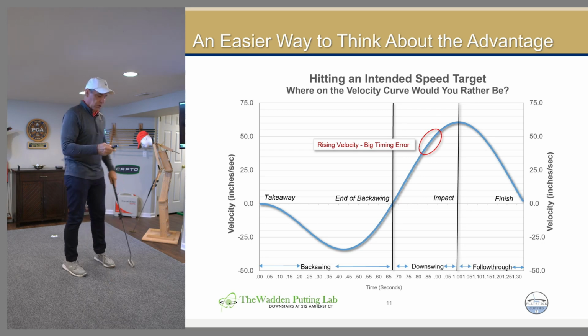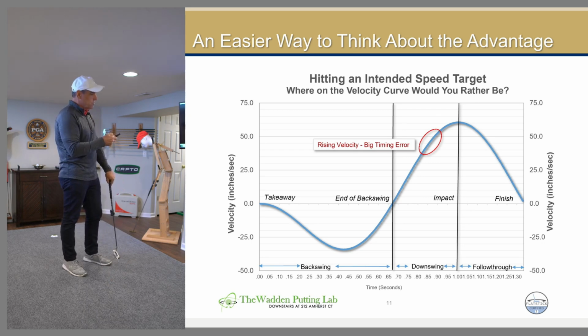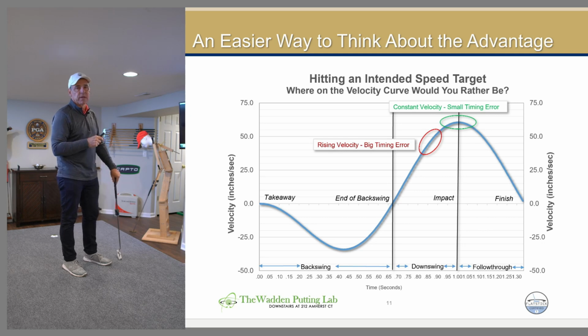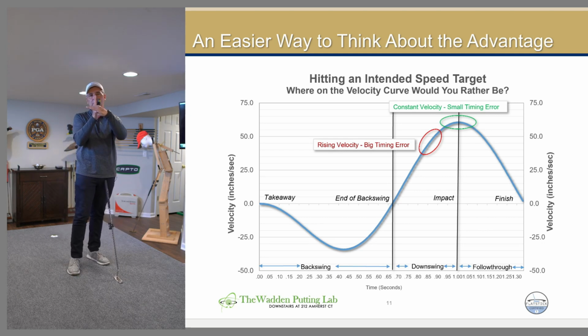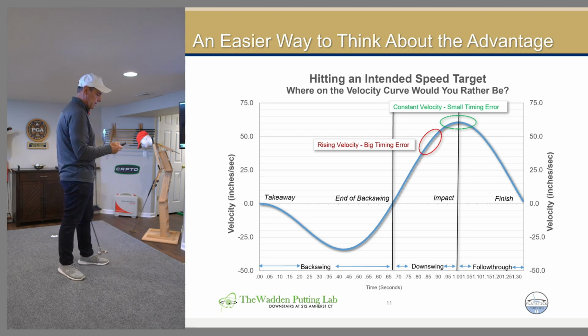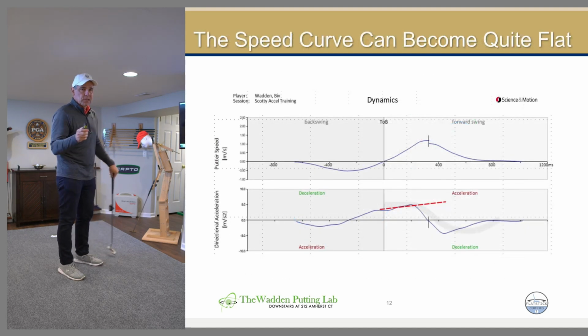Now, let's imagine the alternative where we hit the putt at the top part of this curve where there's constant velocity. Now if the putter head gets to the ball a little bit early or a little bit late, it doesn't matter. We've got a constant velocity of the putter head, and we're not going to have very different ball speeds coming off the face when the putter head arrives a little bit early or a little bit late.